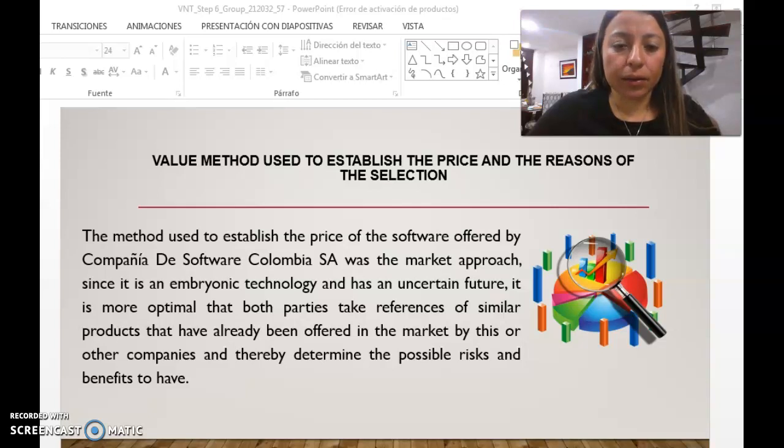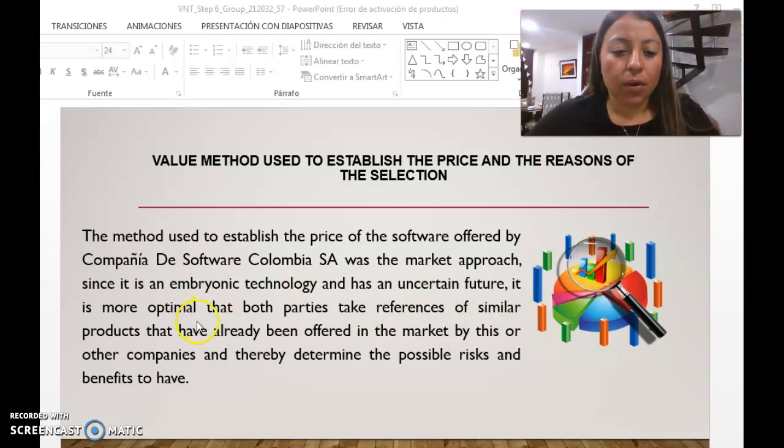Next, explain the point: evaluate the method used to establish the price and the reason for the selection. The method used to establish the price of the software offered by the company Software Colombia S.A. was the worker approach, since it is an emergent technology and has an uncertain future.